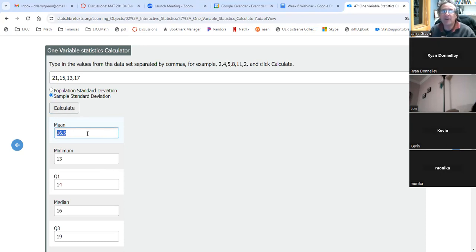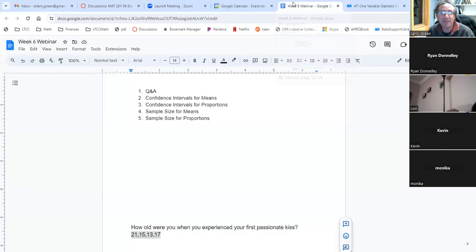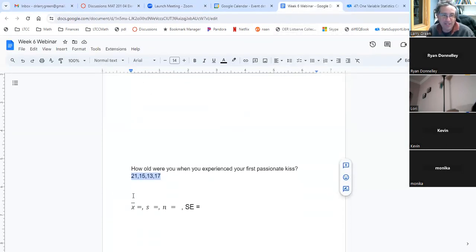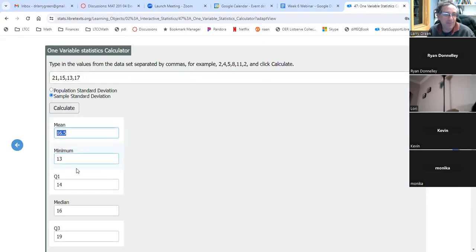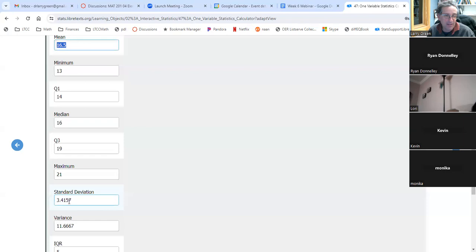Remember we talked about the mean, and this is a sample, so it's a sample mean of 16.5. I'm going to pop in these numbers here so we can look at them again: 16.5. The standard deviation was 3.4157, about 3.4 or so.